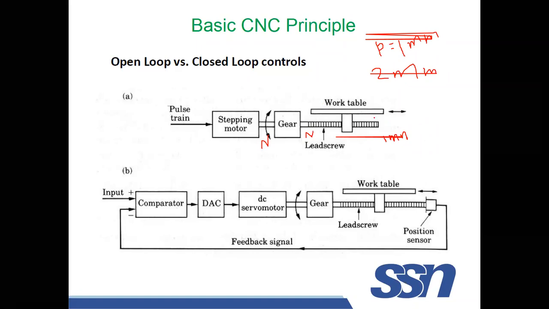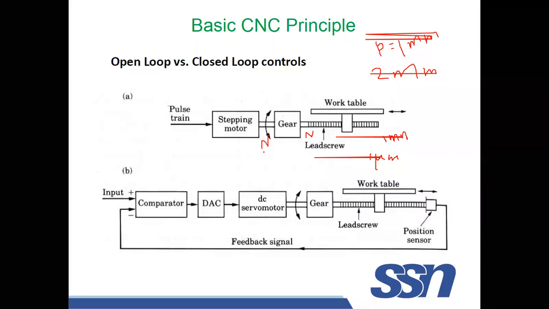But in a CNC system, the accuracy is so high, in the order of a few microns. The CNC machine system we have discussed has 1 micrometer accuracy, so very tight tolerance can be achieved.